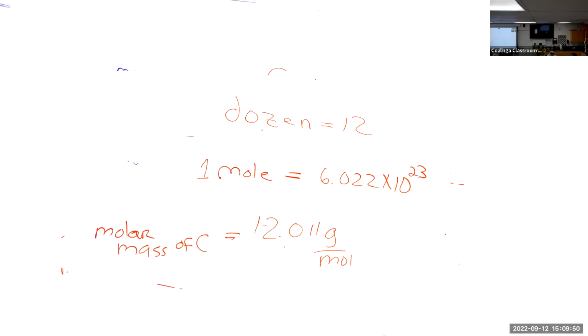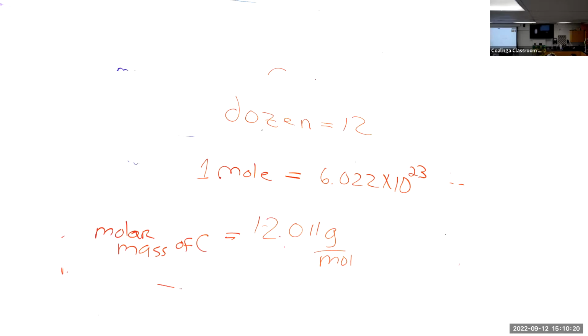Why do you think it's called the molar mass? You get that by dividing by 1 mole? That's right, because we get it by dividing by 1 mole. So hence molar mass. It's that mass per mole. You guys see that?